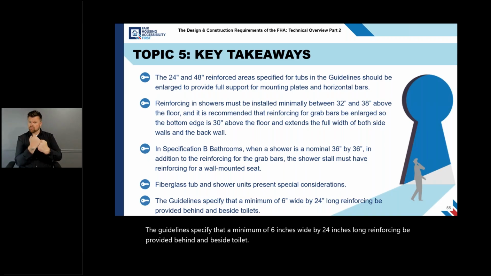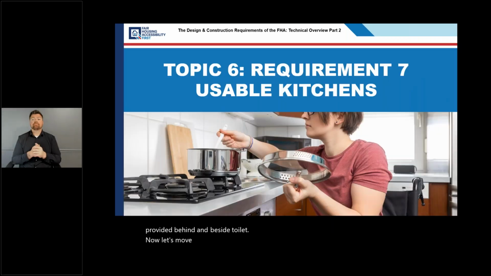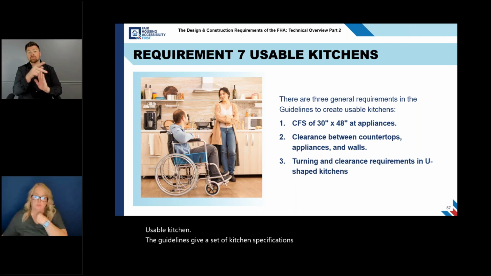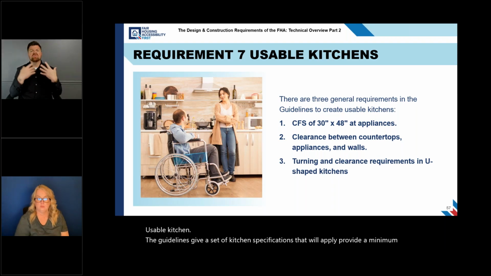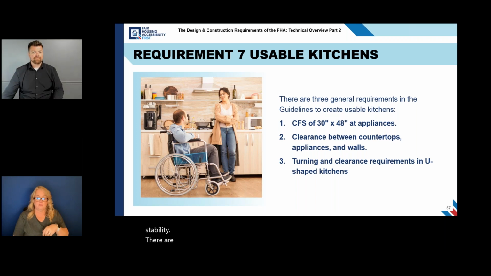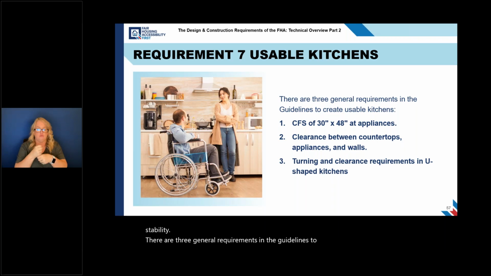Now let's move into topic 6, requirement 7, usable kitchens. The guidelines give a set of kitchen specifications that, when applied, provide a minimum level of accessibility. There are 3 general requirements in the guidelines to create usable kitchens.